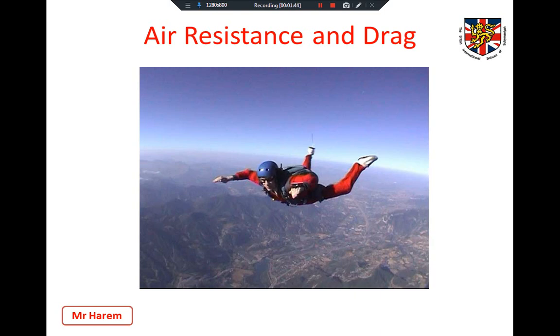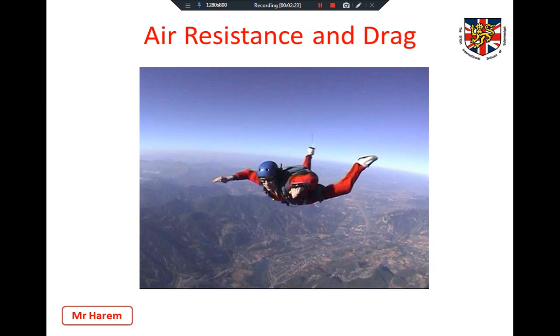For today, we're going to explain this type of force. When you look at the name of the force, air resistance, it means there's something about air. And you can see that a man is flying over there. There must be a type of force that's actually making him stop in this way, or go down towards Earth in this way.